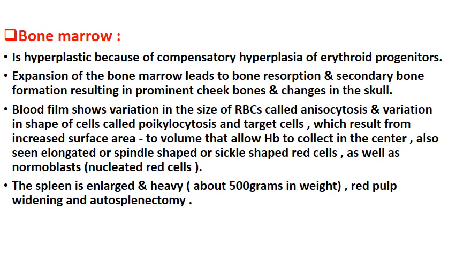At the same time, those patients with hemolytic anemia show expansion of the bone marrow. What does that mean? That means there is an expansion of the bone marrow because of the hyperplasia and increased production to compensate for the anemia and the destruction of the RBCs, leading to bone resorption and secondary bone formation.